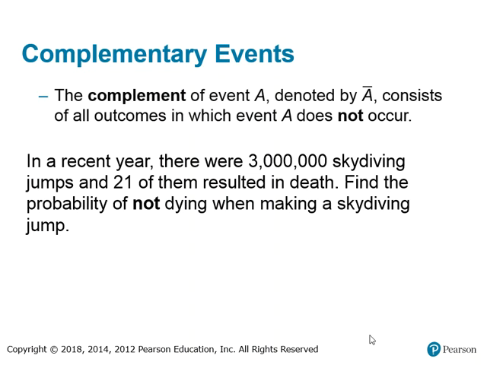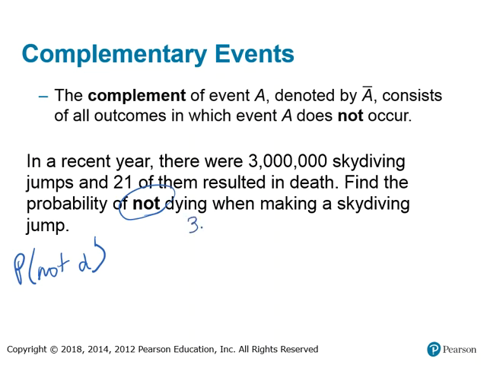A complement is the opposite of what you're asking for. So in the instance where we're talking about skydiving and dying, the complement would be not dying. In the instance about texting, the complement would be not texting, so it's the opposite of what you're talking about. So here, if we were talking about what's the probability of not dying, we don't want to use the 21, what we want to use is those that did not die.